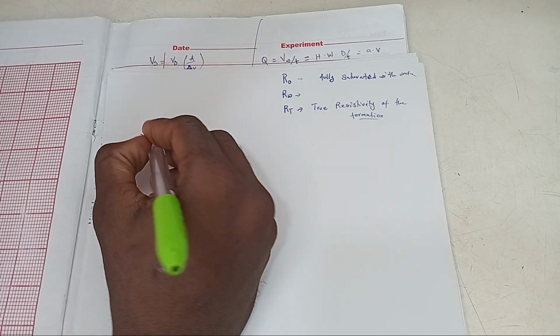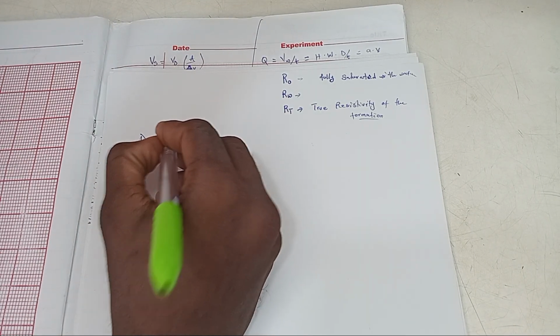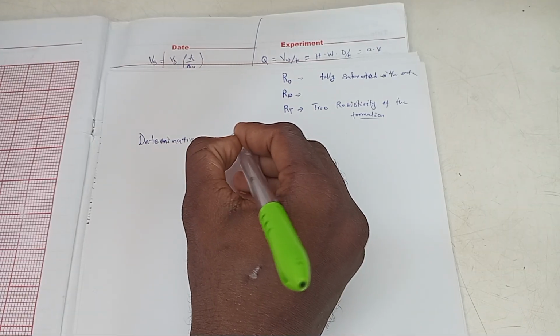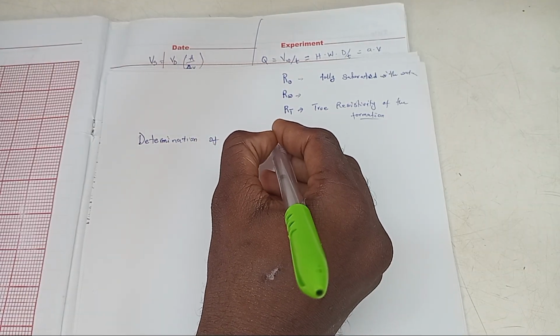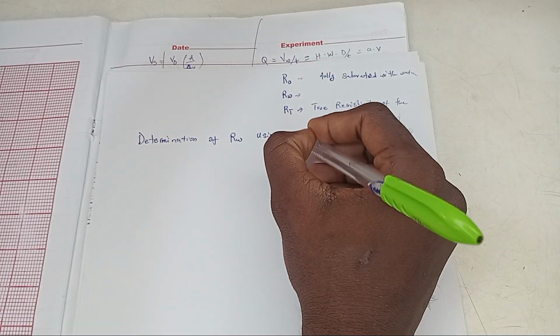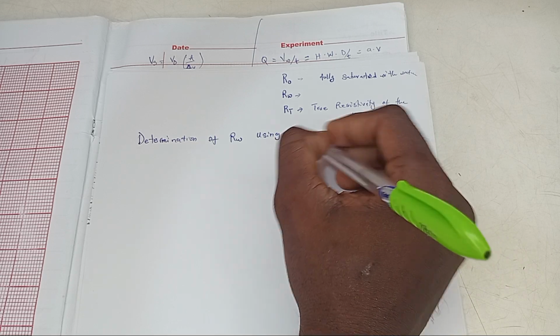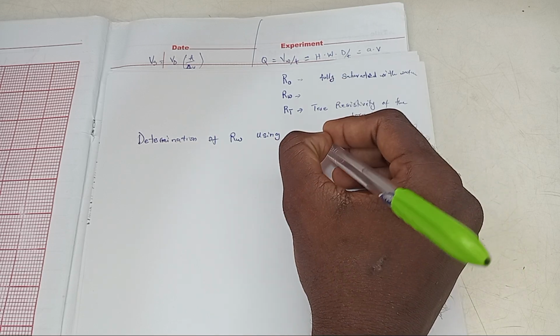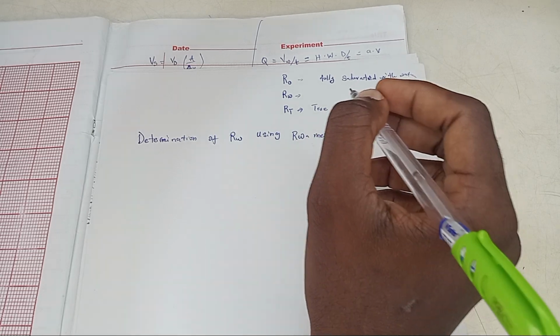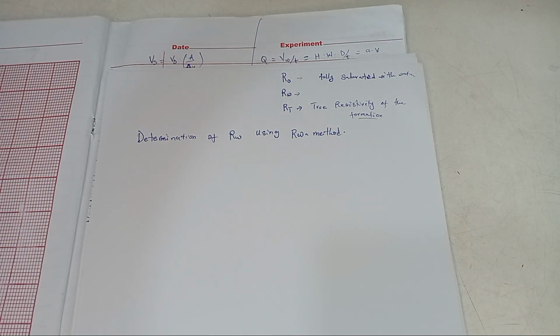determination of RW using the RWA method. So how do we find RW using the RWA method?